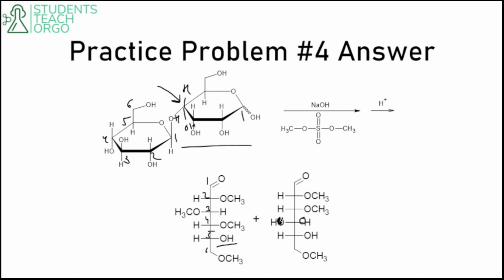This should be to the right. So 1, 2, 3, 4. Position number 4. It's going to be on the right. The OH is going to be pointing down. So that's what we make. And then at 1, we can't tell if it's going to be alpha or beta, but it doesn't really matter for the Fischer projection itself.